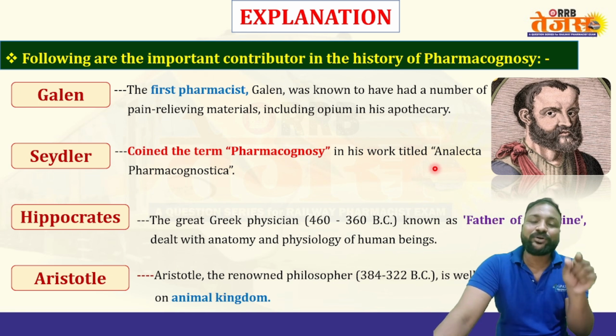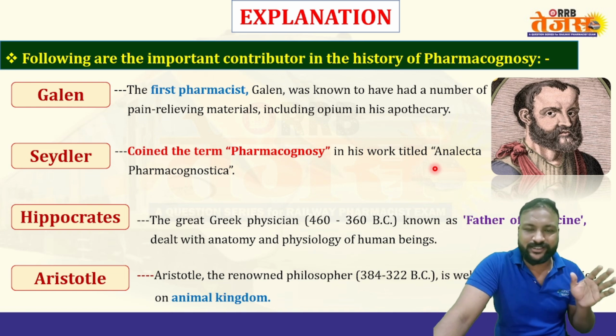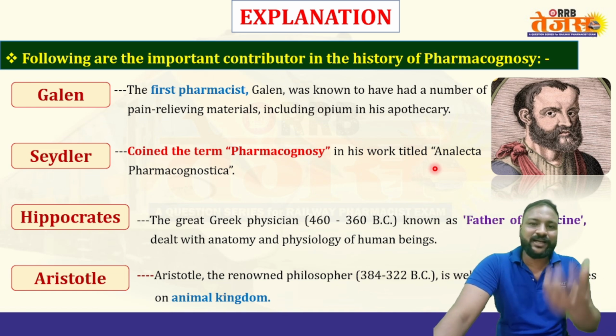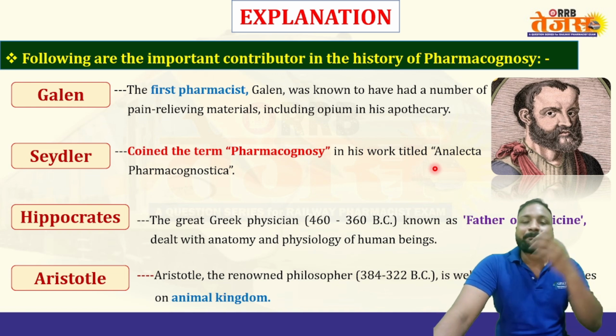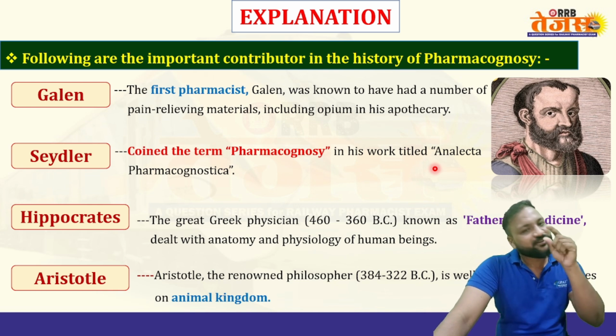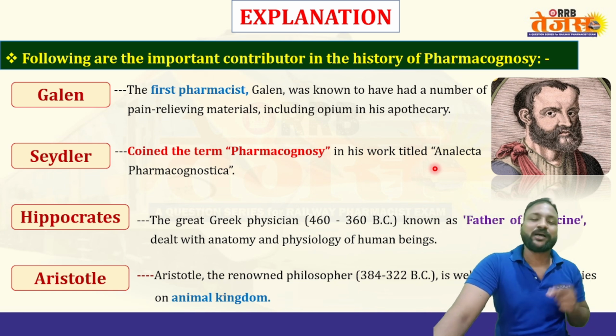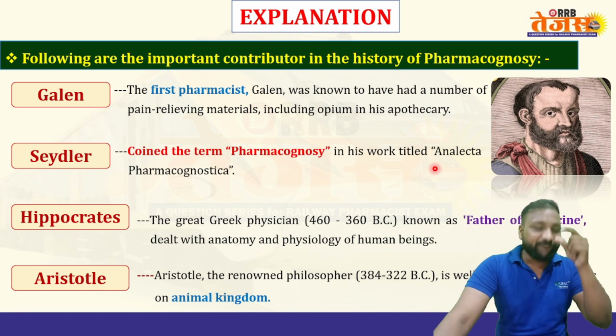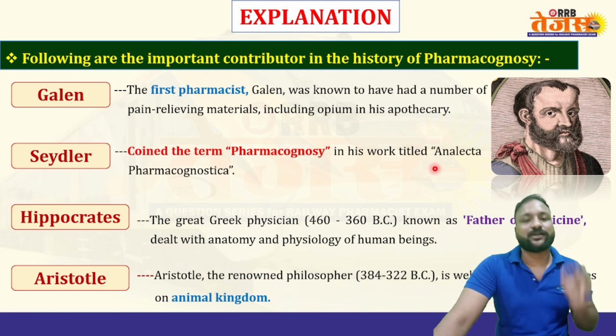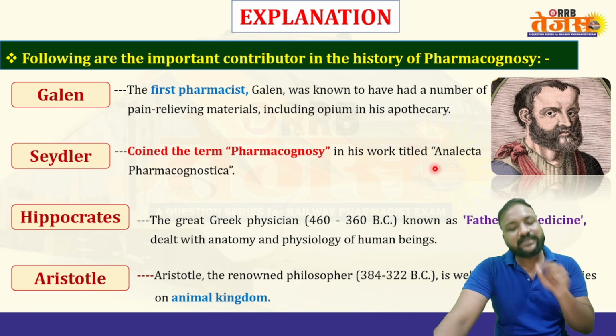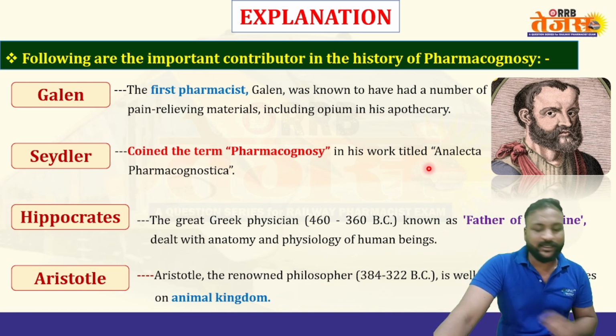Before that, there was no word like pharmacognosy. C.S. Sedler was the first person who used the word pharmacognosy in his research work called Analecta Pharmacognostica. Clear?